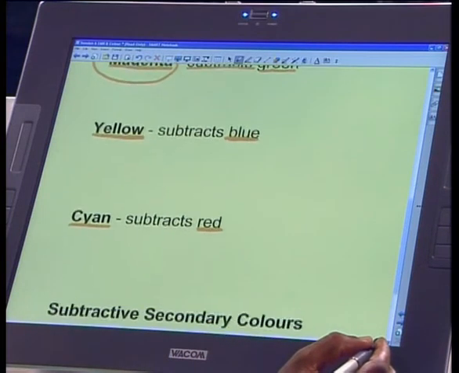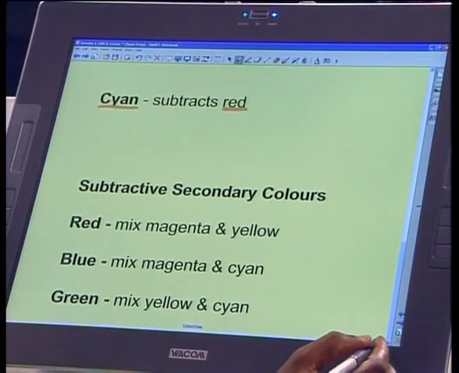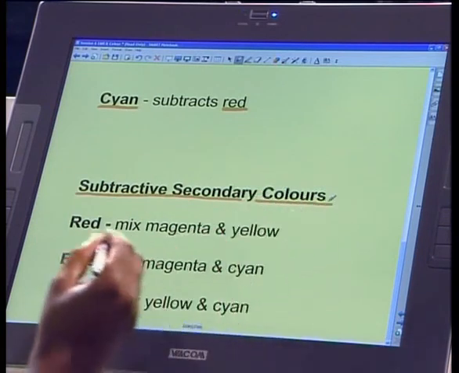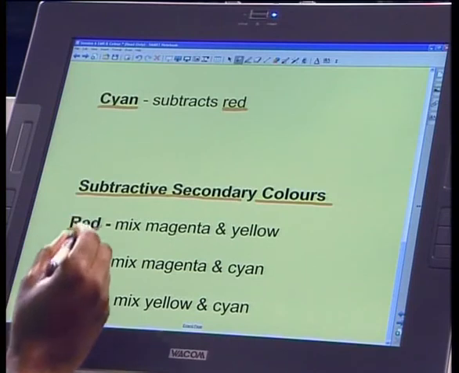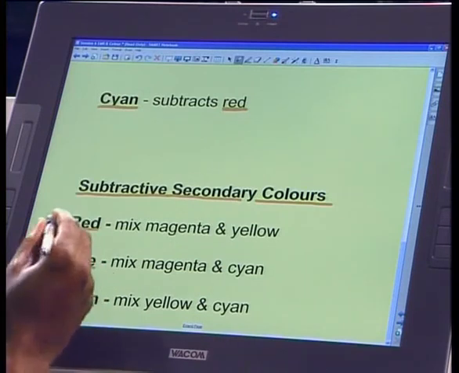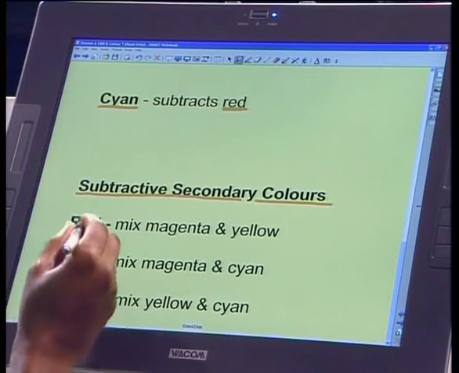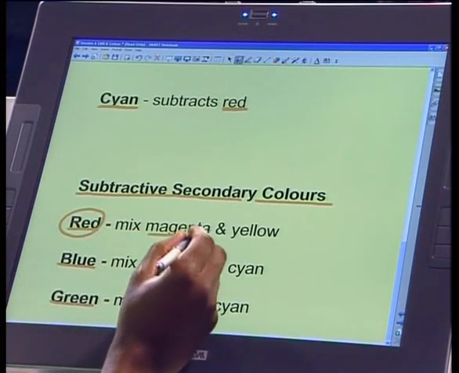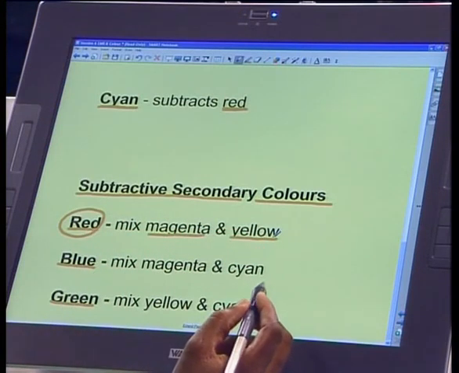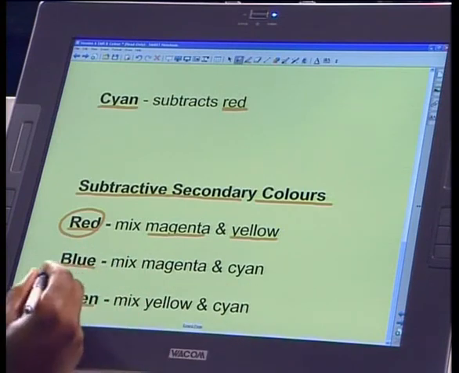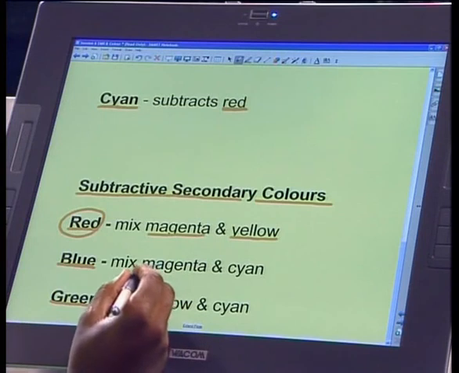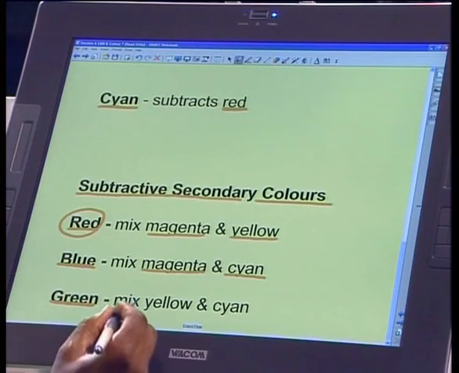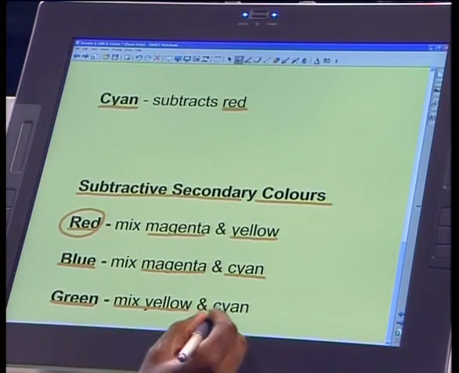Now, let's look at the subtractive secondary colors. Now, red, blue, green, primary colors of light. For us to get red, we need to mix magenta and yellow. Okay? We will get red. For us to get blue, we will mix magenta and cyan. For us to get green, we can mix, or we will mix yellow and cyan.